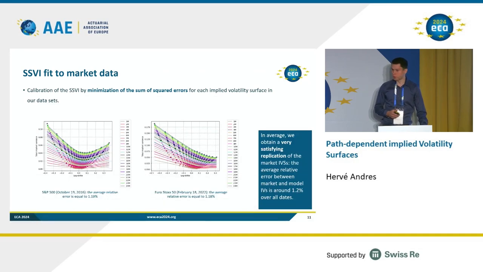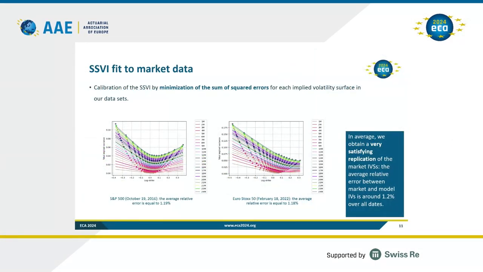Here you have an example of the calibration of this parameterization for two dates, for the S&P 500 and the Euro Stoxx 50. And as you can see, it's very satisfying. You reproduce very well the shape and the level of the implied volatility.